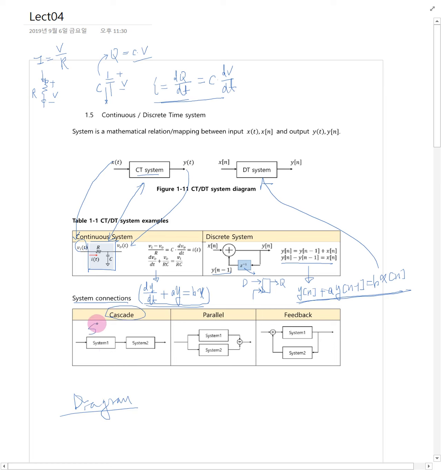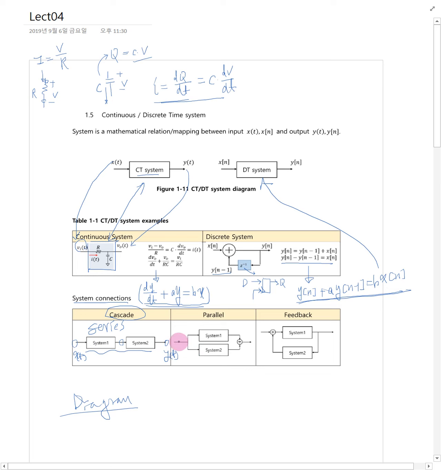Sometimes we call it the series connection. In a series connection, two different systems are connected in cascade. Input is applied at the system 1 input, the output of system 1 is applied to the system 2 input, and the final output is taken at the system 2 output. So this is the input and this is the output. This type of connection is a series or cascade connection.